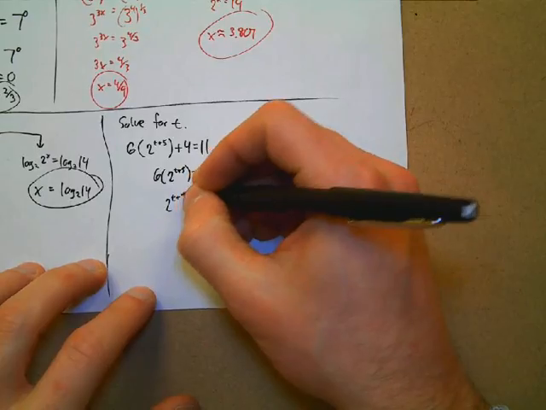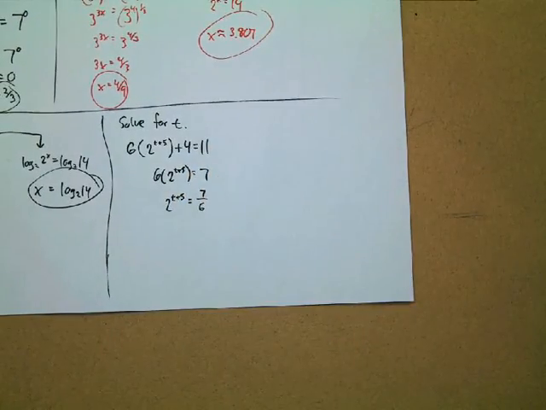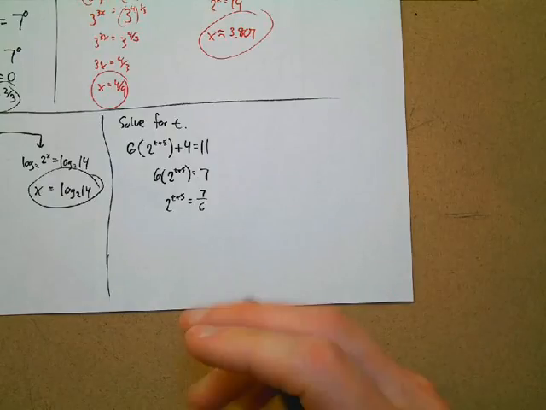And now we finally get to the situation where we've got 2 to the t plus 5, and we've got to get that t out of the exponent. Again, it's up to you what logarithm you want to use: log base 2, log base 10, natural log, that is log base e, log 15, log 16, whatever you want. I'll just use the common log here. So I'll take the log of both sides. We have t plus 5, that quantity, times the log of 2 equals the log of 7/6.